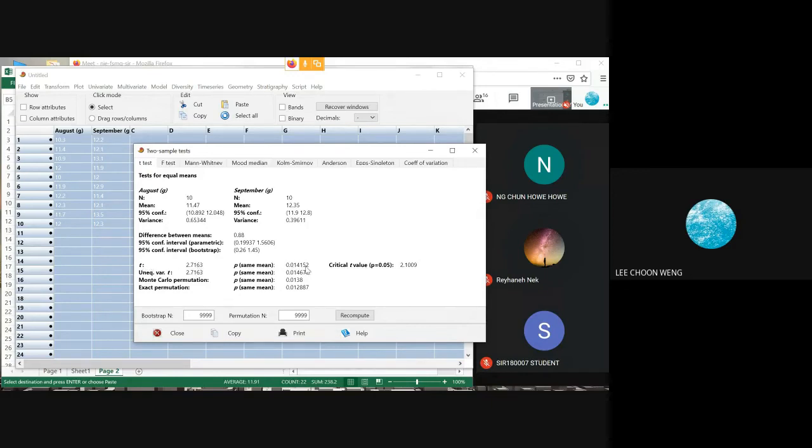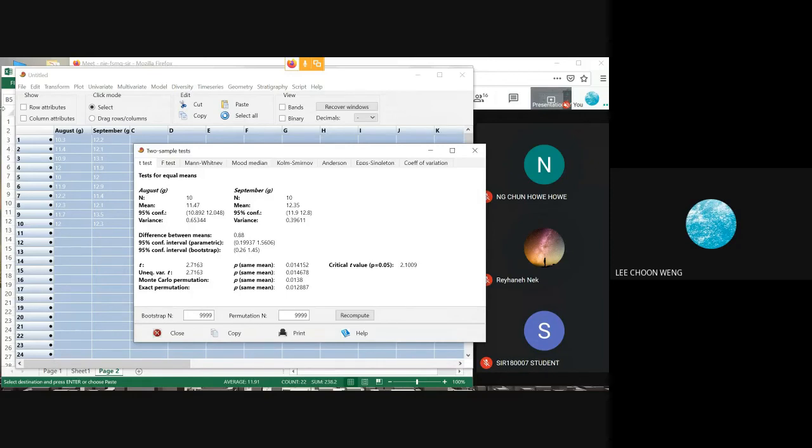Then this is the p, okay, so it's 0.014. The critical t value at 0.05 is 2.1. So your t is larger than the critical t value. That's why your probability, the p is 0.01, is significant, highly significant. Okay, so that shows the differences that you observe in August and September are highly significant.